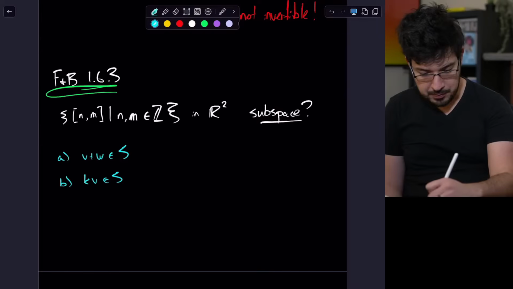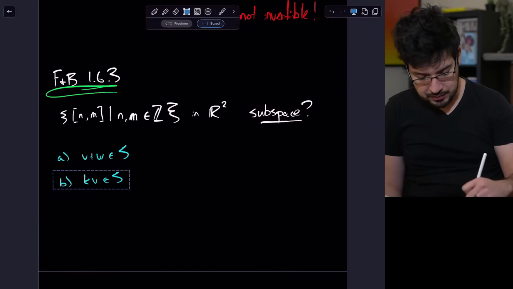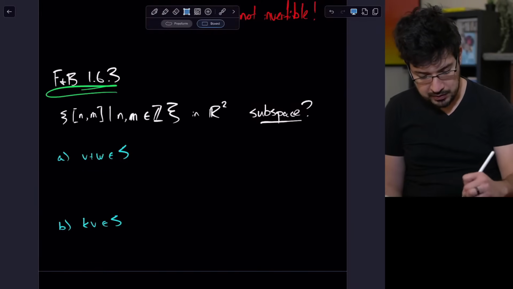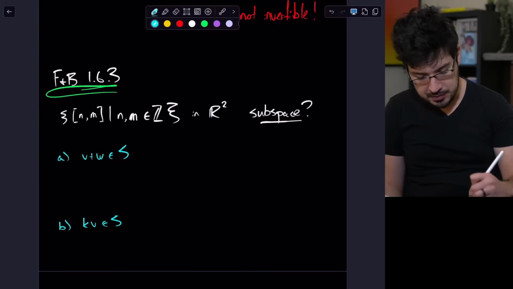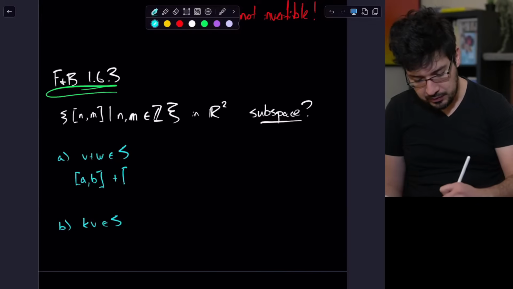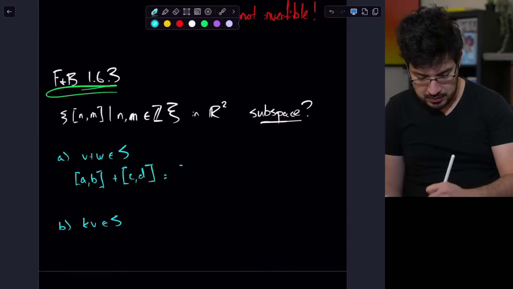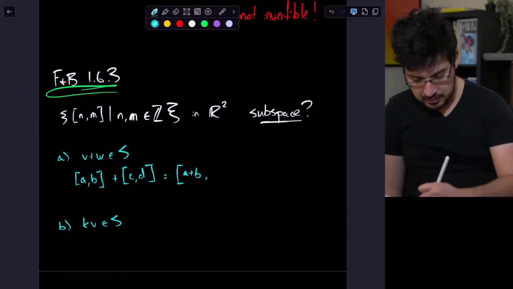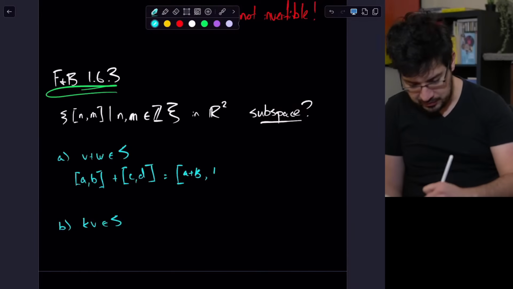So, for part A, let's work this. Let's take two arbitrary vectors. I'm going to use (a, b) plus (c, d), and well, voila, if you add two integers, a plus c, whatever, and b plus d.